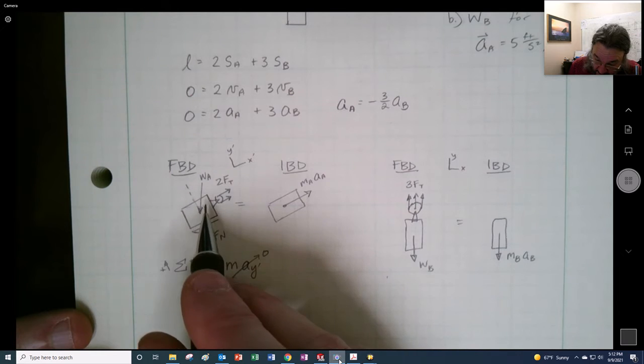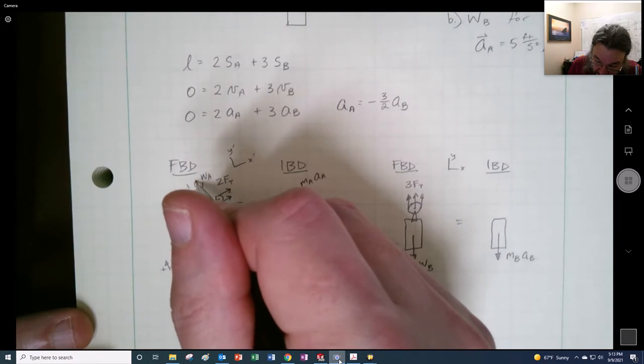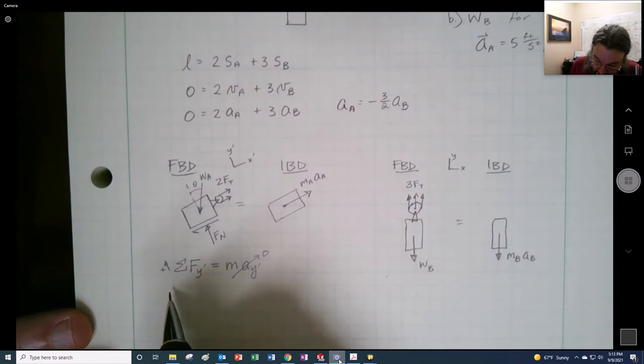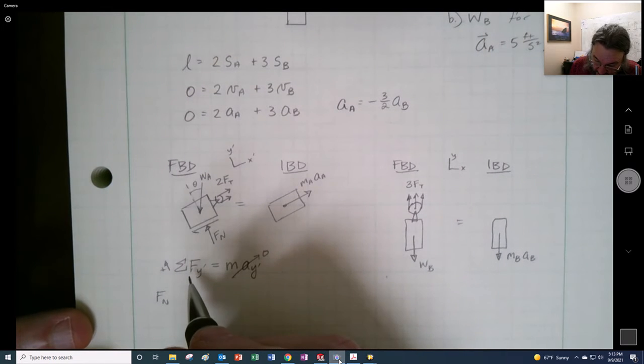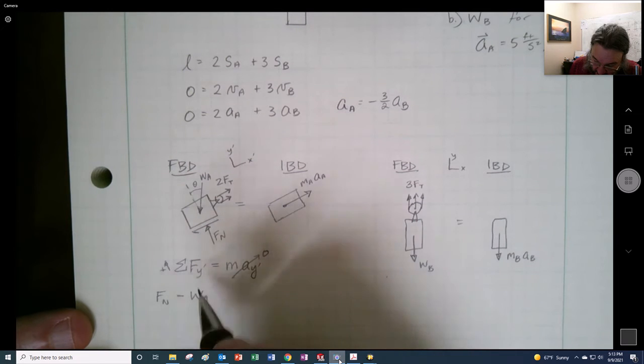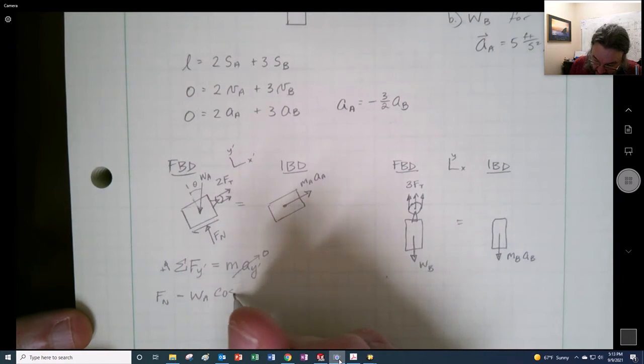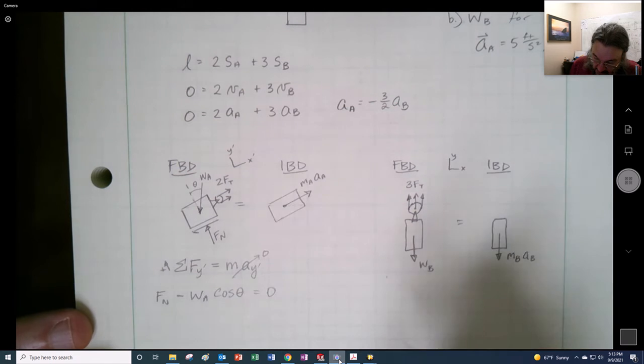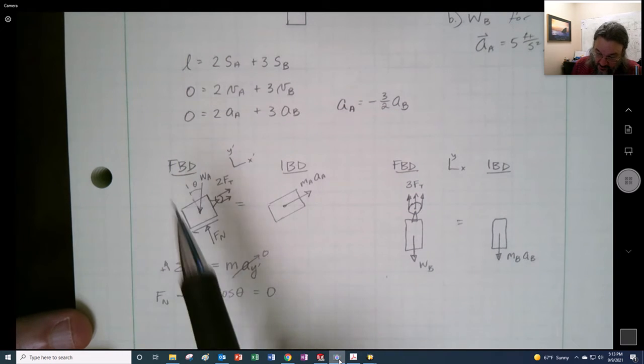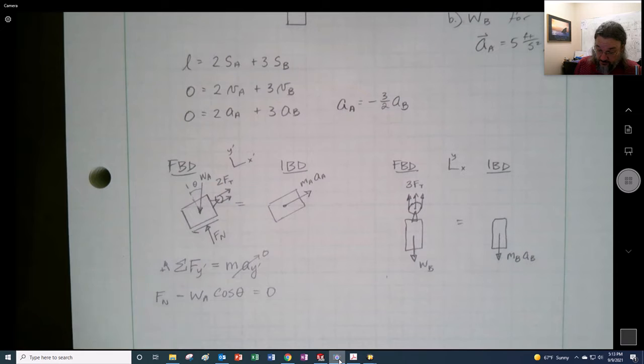And so we take the forces, and I got to make this the angle right there. So I got the normal force is fully in the y prime direction, and the only thing I have left is a negative WA times cosine of theta, equal to 0. All right, so that's everything in the y prime direction.